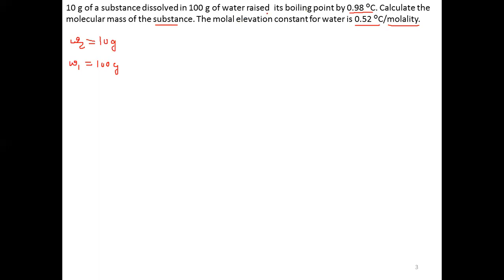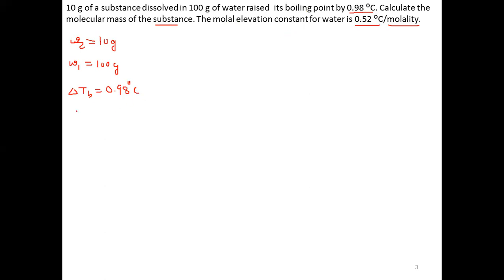So he says that this much of solute raised its boiling point by, that means it is elevation in boiling point. We are given delta TB, which is the elevation in boiling point, 0.98 degrees Celsius.